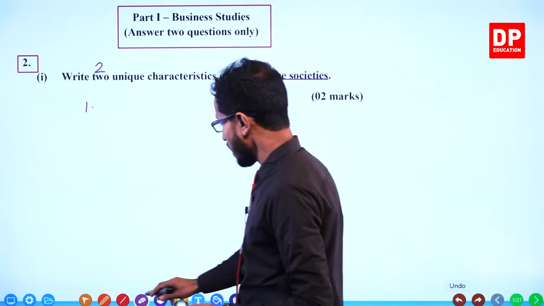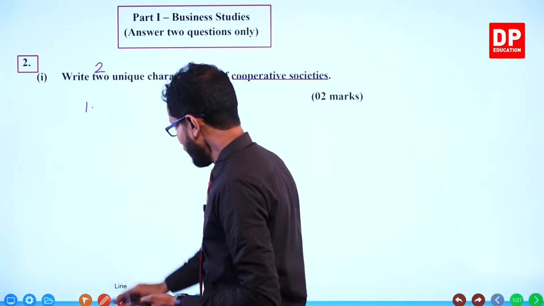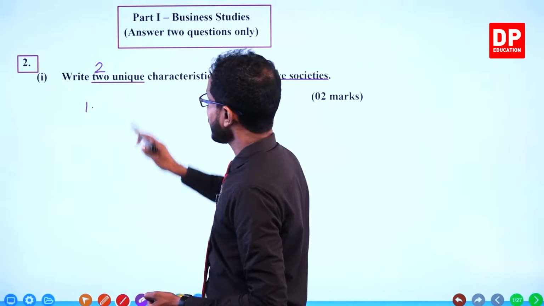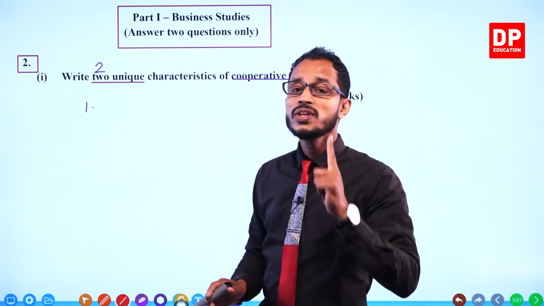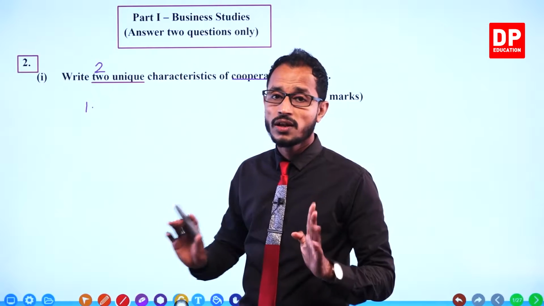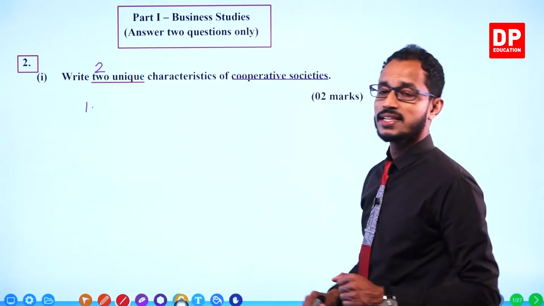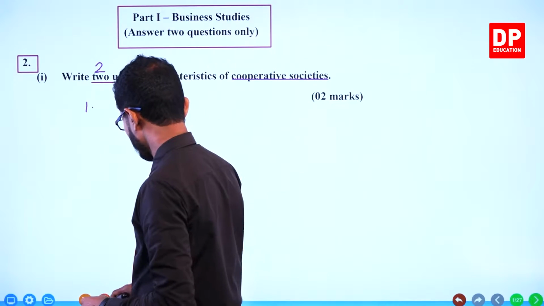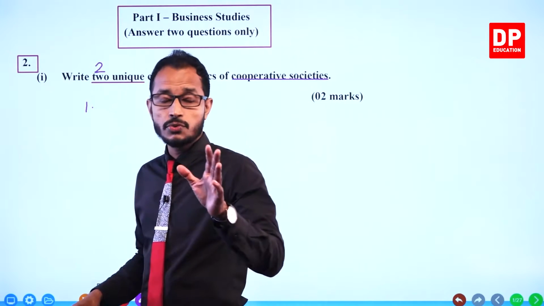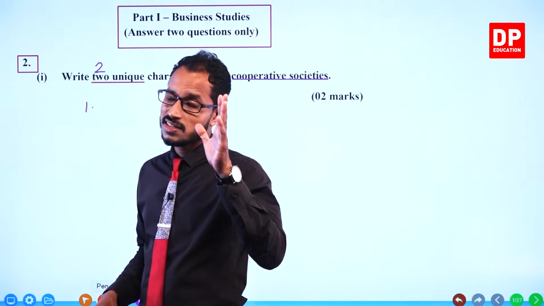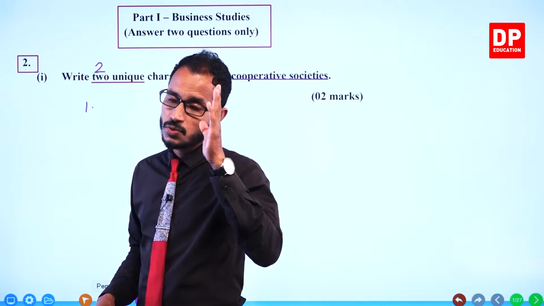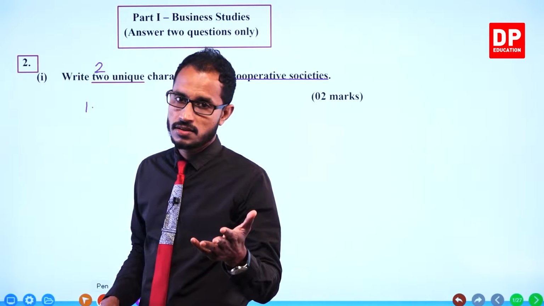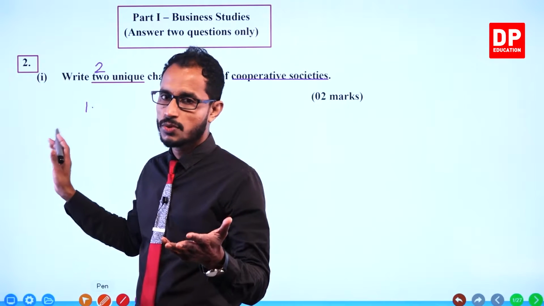The question is asking to write unique characteristics, which means characteristics unique only to cooperative societies. So that's how you be smart when you answer. The question is asking for unique, so you have to write unique. Read the question and understand.